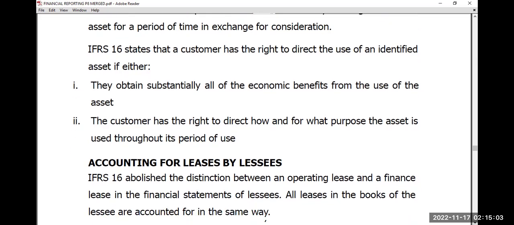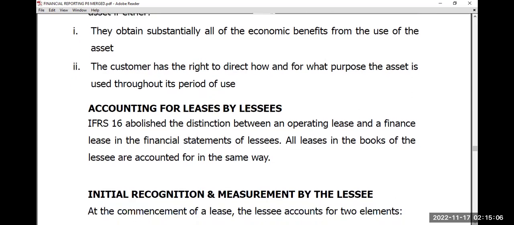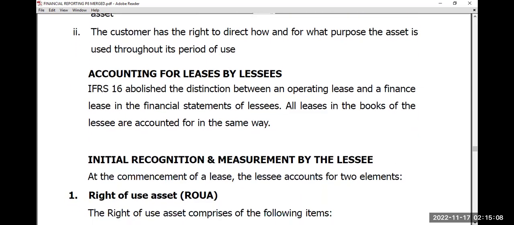So when we proceed, we are trying to look at how we account for leases in the books of the lessees, the people who have acquired the right to use someone's asset for a given period of time. How is that person going to treat that asset they have acquired when they are preparing their financial statements?